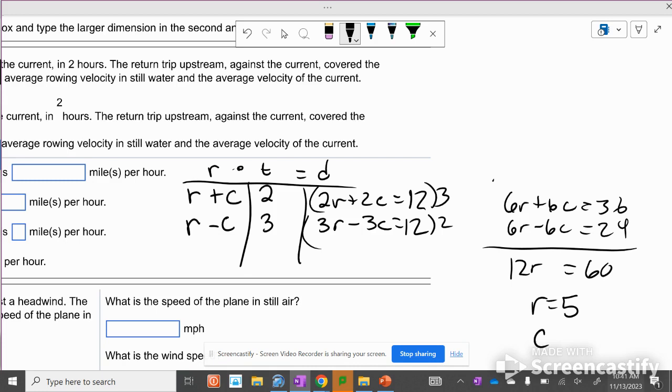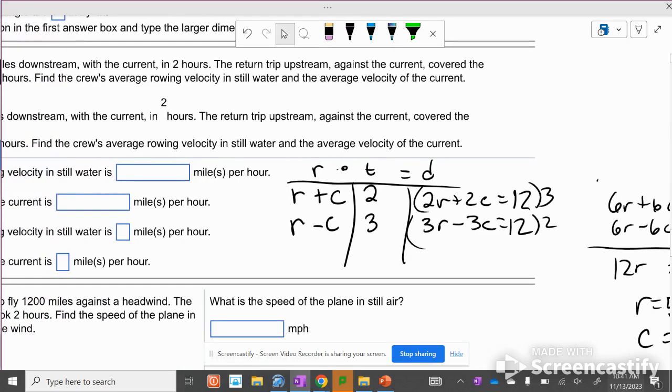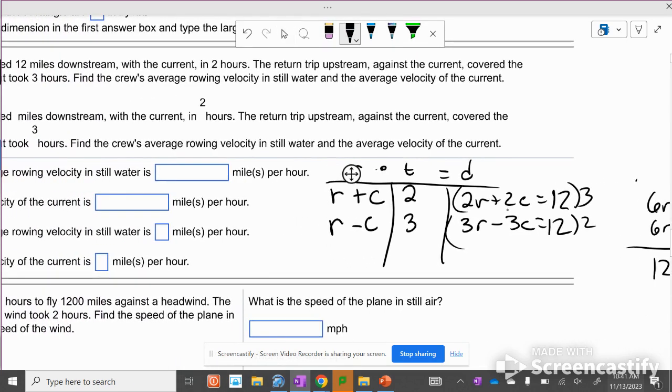So c must be 2. Does that make sense? Oh, no. C must be 1. So the velocity in still water is 5 miles an hour, and the current is 1 mile per hour.